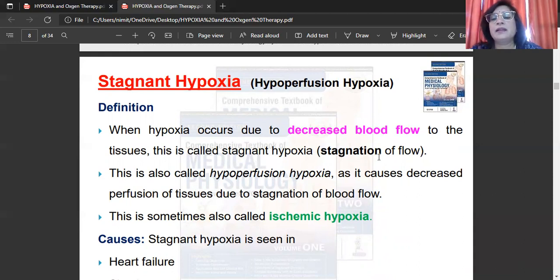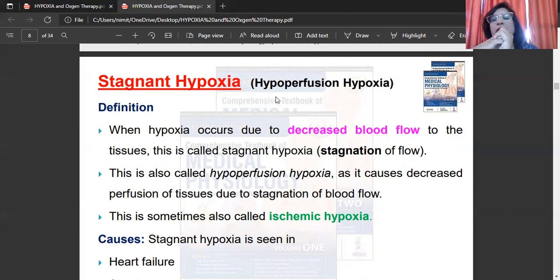That is, stagnation of flow is there. So we have also labeled it as hypoperfusion hypoxia.